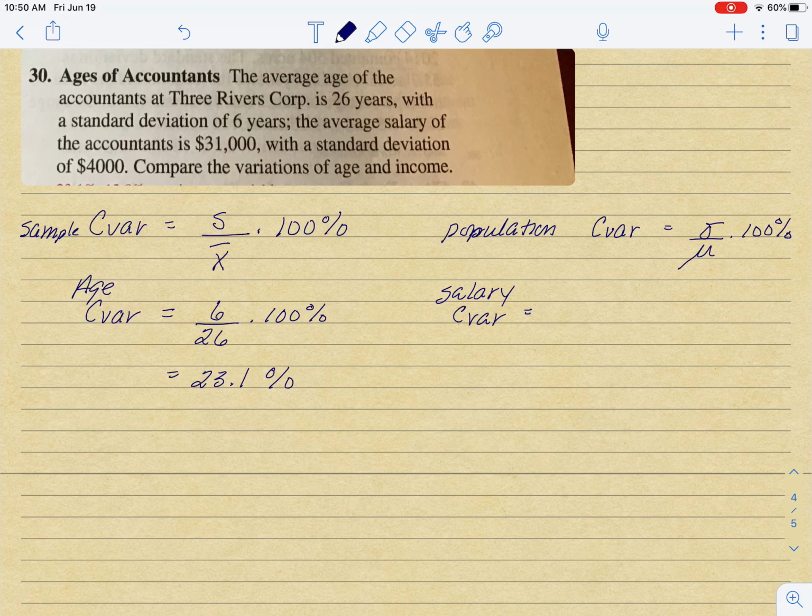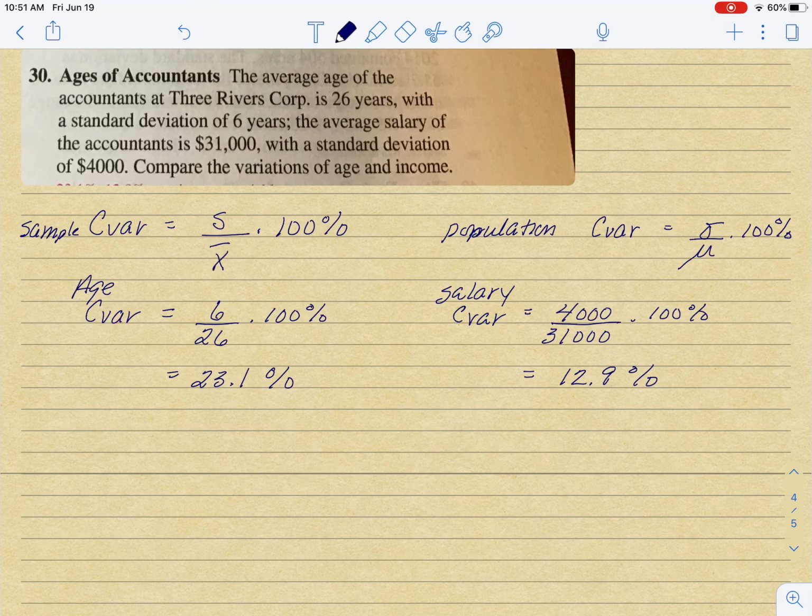That again is the standard deviation, which is 4,000, divided by the mean, which is 31,000, times 100% to get a percentage. So 4,000 divided by 31,000 times 100 gives me 12.9%.